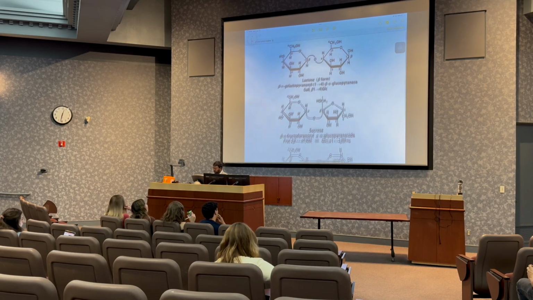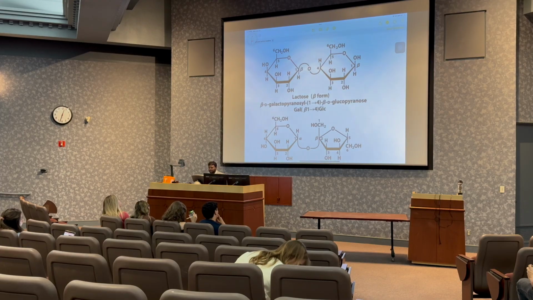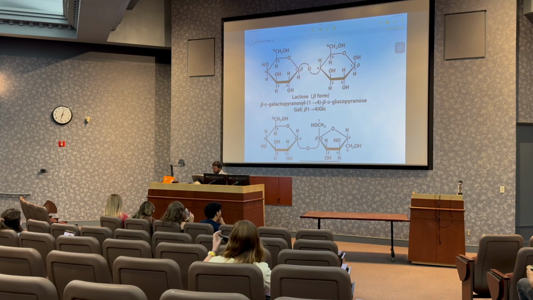I'll do one by one to compare and make you understand what we mean by reducing and non-reducing sugars. The first thing is, let's understand what this molecule is made up of. It's all galactopyranose and glucopyranose. Now we are going into more complex structural forms.